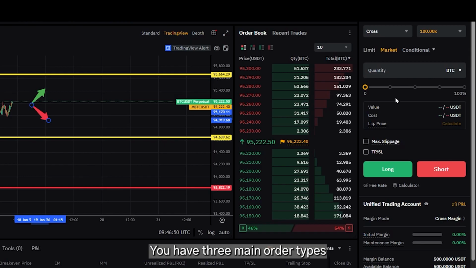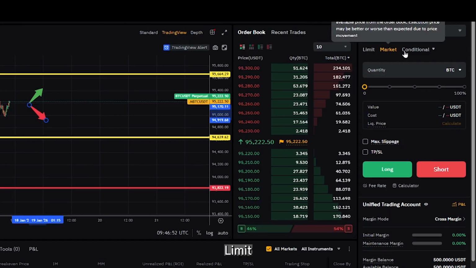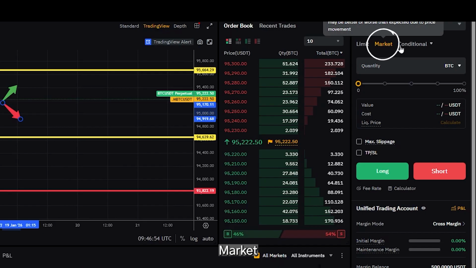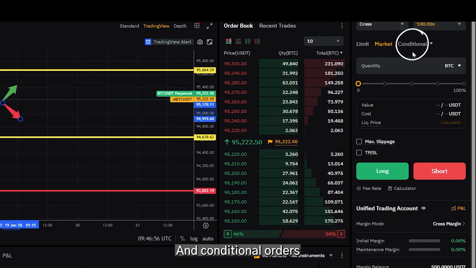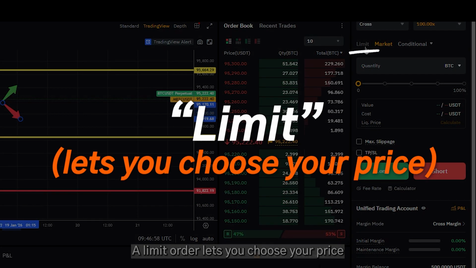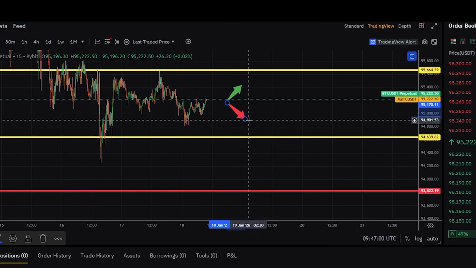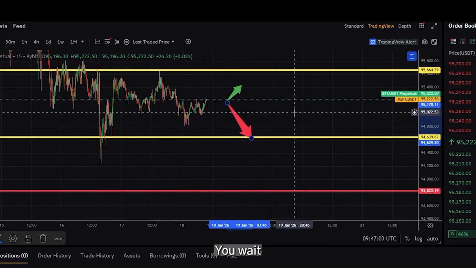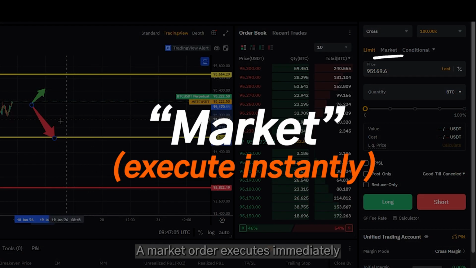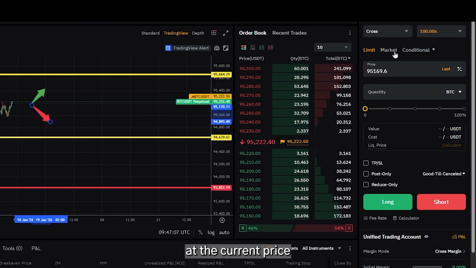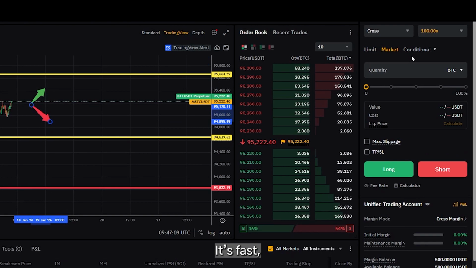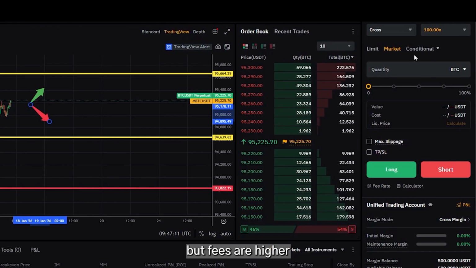Now let's place an actual order. You have three main order types: limit, market, and conditional orders. A limit order lets you choose your price. No rush, you wait. A market order executes immediately at the current price. It's fast, but fees are higher.